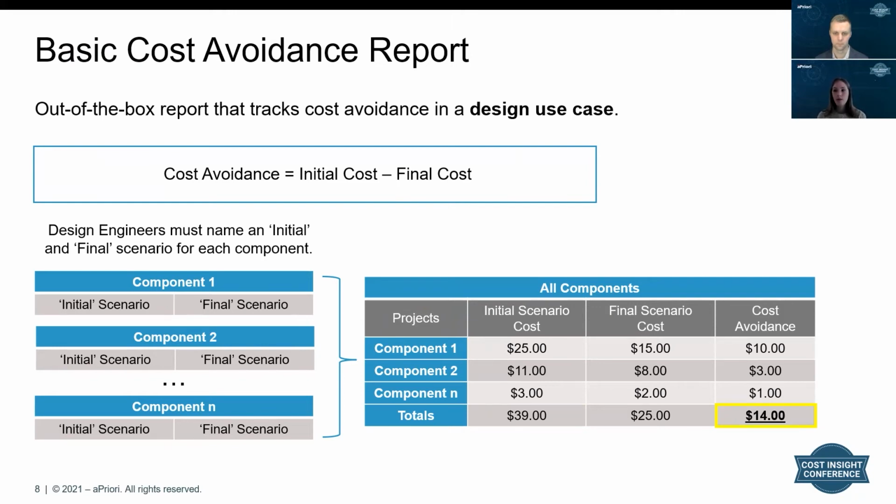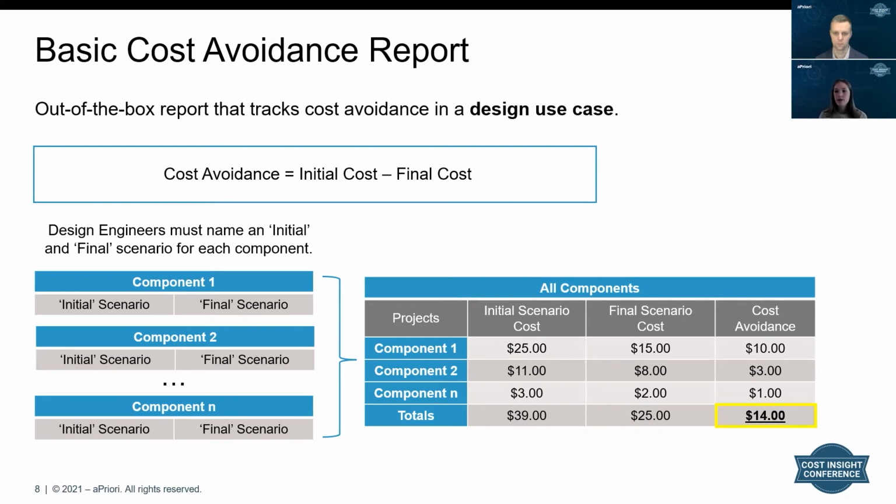So at a high level, the workflow would look like this. A design engineer uploads a fully featured component to an aPriori product, let's say in this example, Cost Insight Design, titles the scenario initial, and then costs the component.